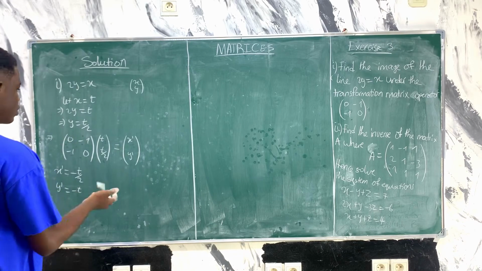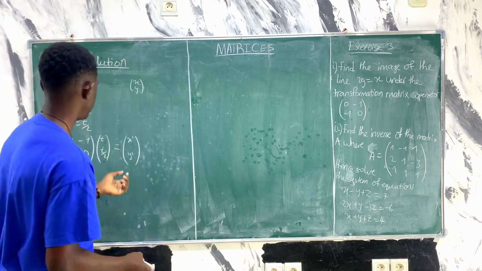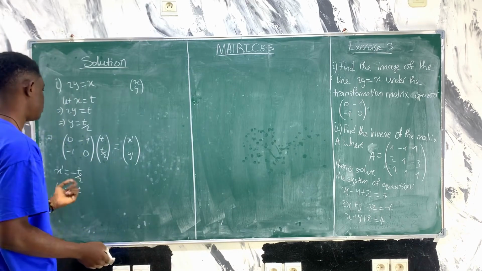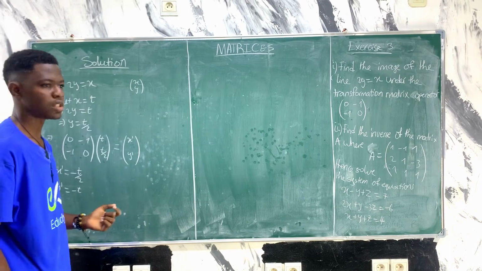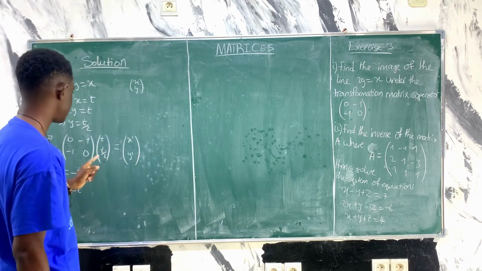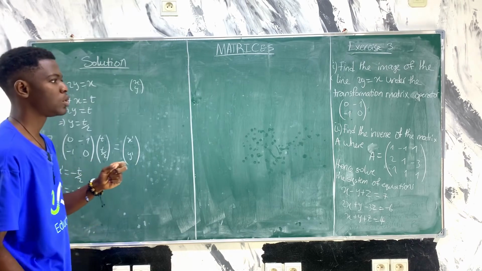So I'm almost done. Now they're asking me to find this image. Here it is in terms of t, but the image should just be in terms of x prime and y prime. I don't want it in terms of a third party. This third party is in case you put your own value.